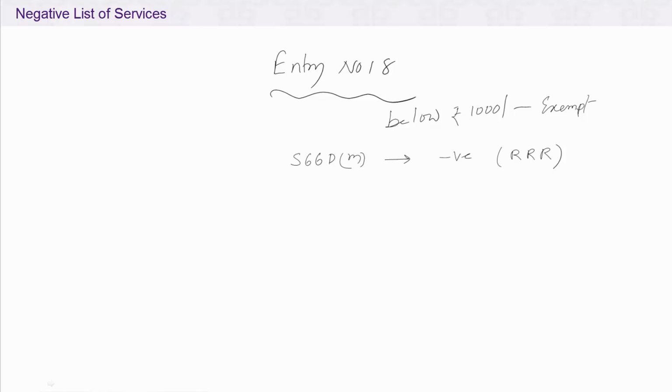And again, entry number 18, it says if the tariff is below 1,000 per day, then it is exempt. If it is 1,000 rupees and above, it is taxable but subject to abatement.